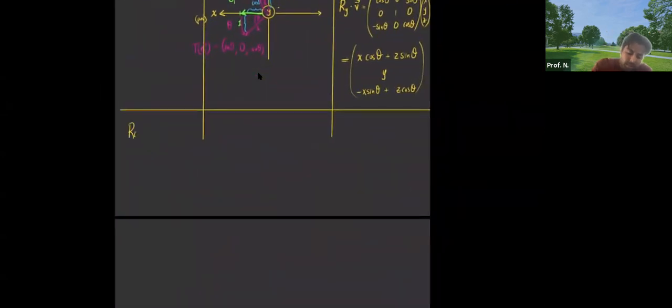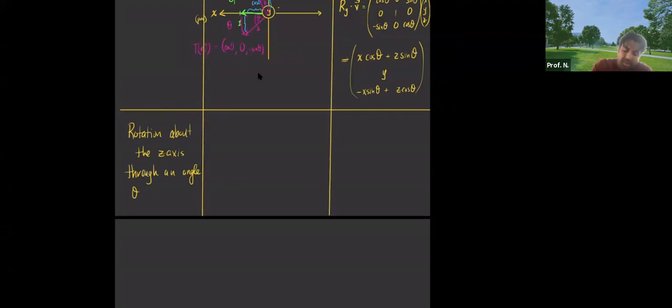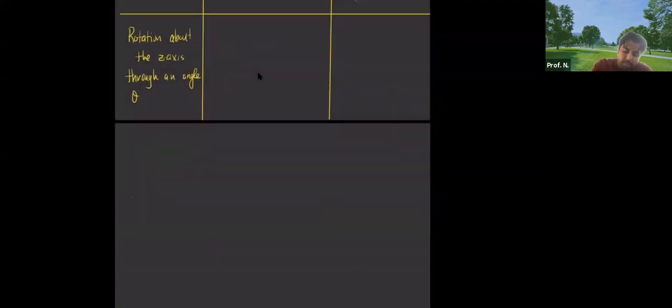So this is now rotation about the z-axis through an angle theta.